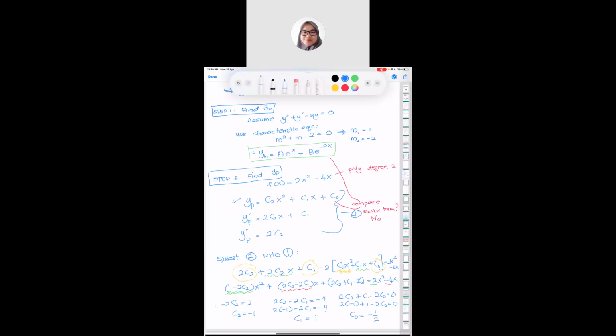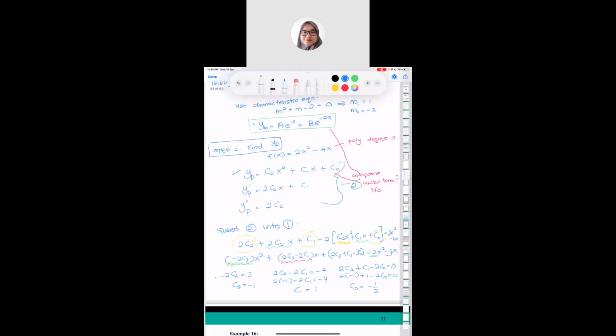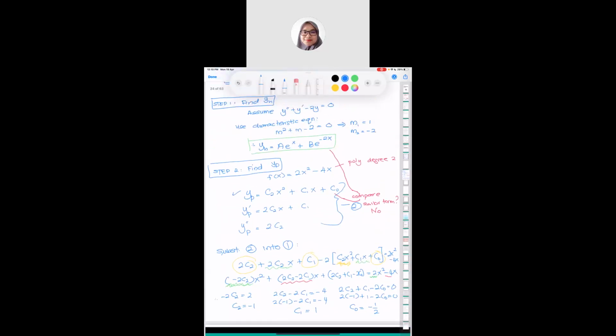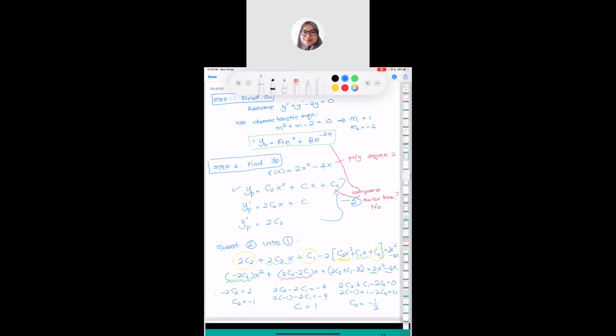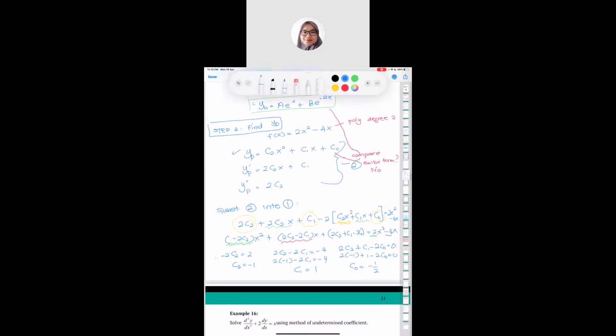Betul eh? Okay, so kita dah dapat kita punya constant kat sini. So we can conclude that, okay, our YP, okay, dah tak cukup. Therefore, YP equal to, okay, saya tulis kat atas ni.